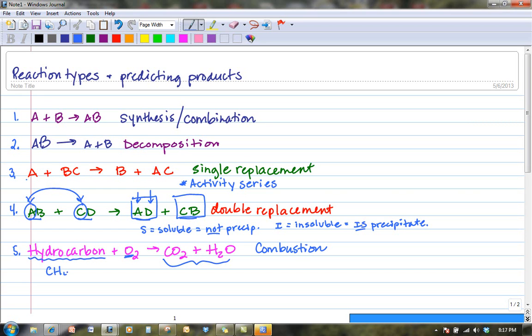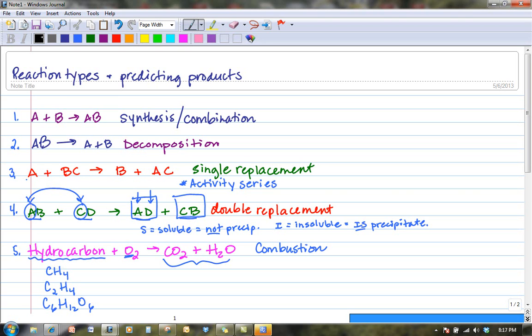So methane, which is CH4, is a hydrocarbon, or C2H4 is also an example of a hydrocarbon. Or we have glucose, C6H12O6, which also is a hydrocarbon. So whenever you see a hydrocarbon that's being added to oxygen and you have the products carbon dioxide and water, that means that you have a combustion reaction.